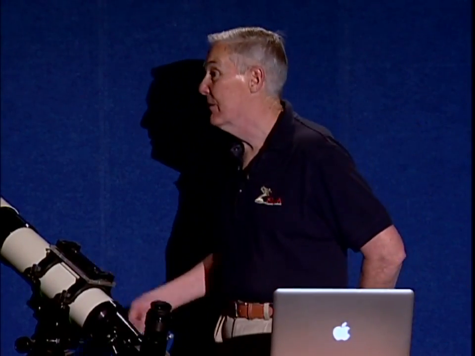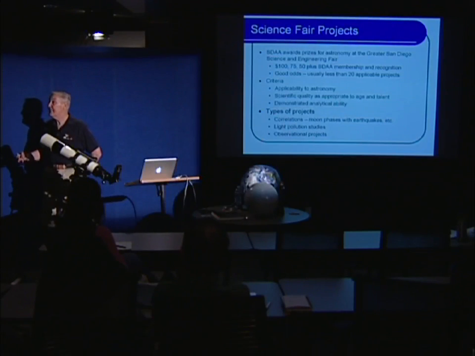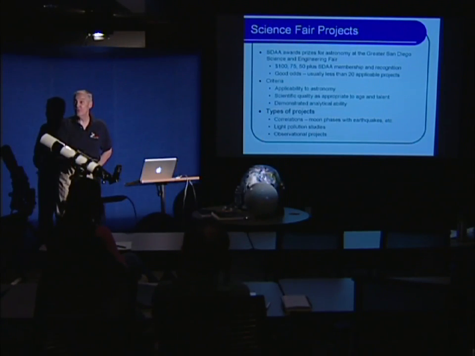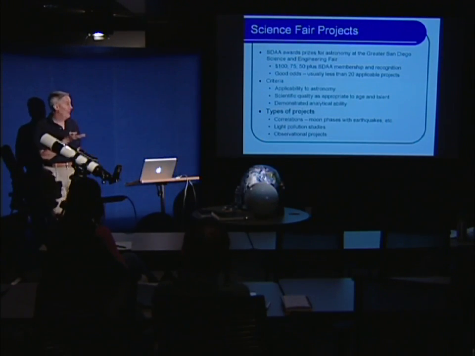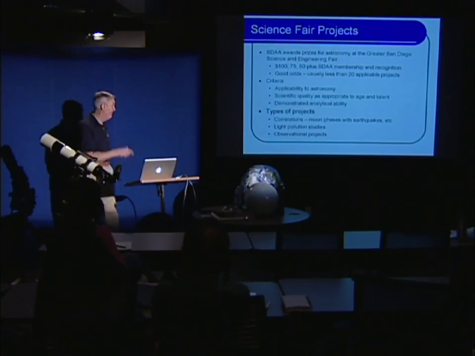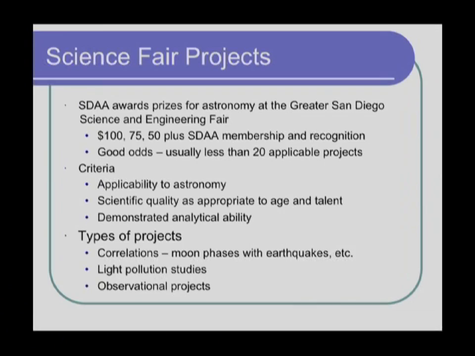The conclusion is going to be obvious when you get further away from the light ball of the city and get into certain zones that are protected from the light. It's going to be darker, right? But it is kind of an interesting thing, and you can also do it as a function of altitude too. So there are reasonably well done light pollution studies. Just one of the things we like.